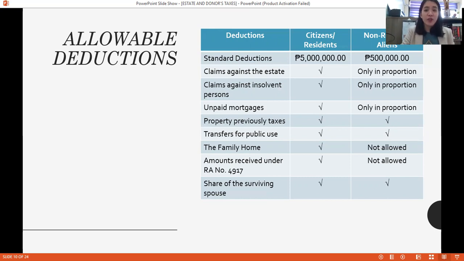Yung claims against insolvent persons naman, ito yung credit or pera na supposedly dapat masisingil ni decedent. Kaya lang namatay siya. Hindi niya nasingil yung utang. Okay? So, para ma-allow siya as deduction, dapat yung person na nangutang kay decedent must be insolvent. Okay?